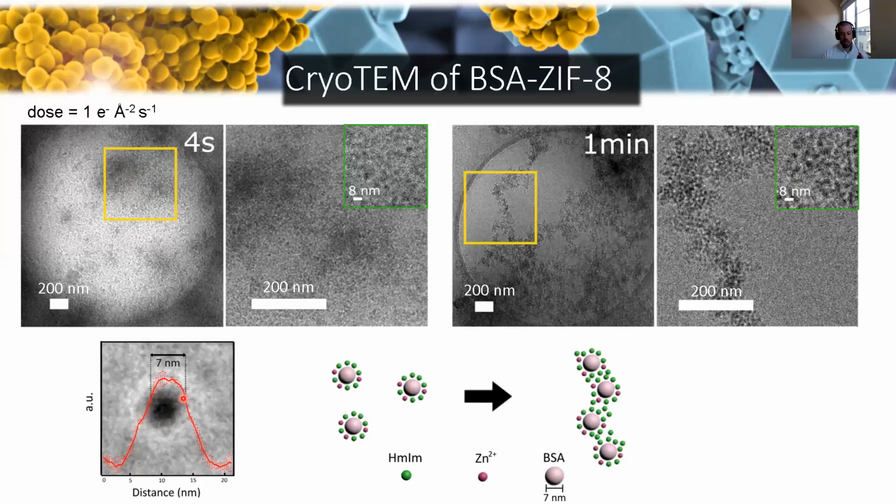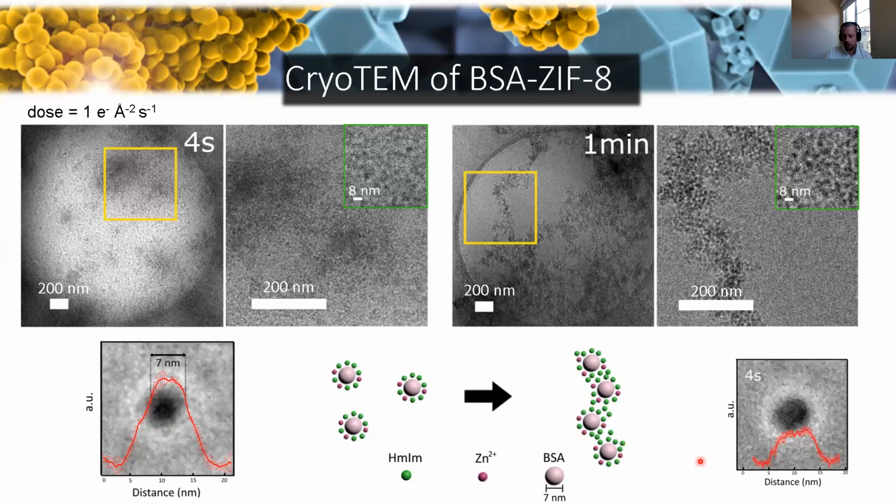And we think this shell is a mixture of the methyl imidazole and the zinc ions. So this is coating the surface of these particles and then really controlling their charge interactions, which is enabling them to aggregate together into these networks.